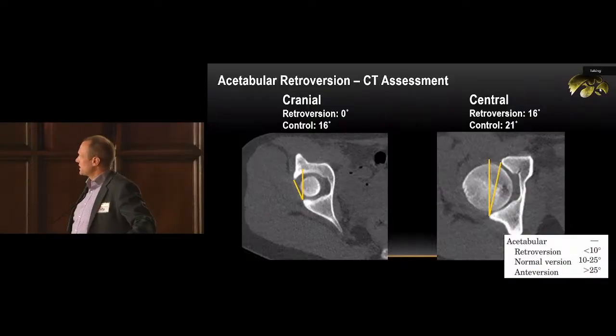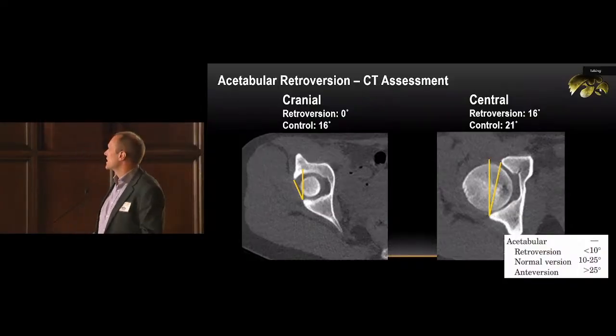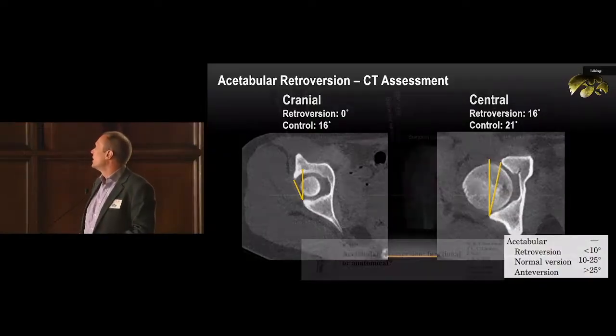In this study I presented previously in the retroversion series of patients, it was about 0 cranial with 16 in the control, and only reduced retroversion when you went centrally down into the acetabulum. There are published ranges for normal acetabular version, both cranially and centrally, but typically central in the head, less than 10 degrees is considered acetabular retroversion.